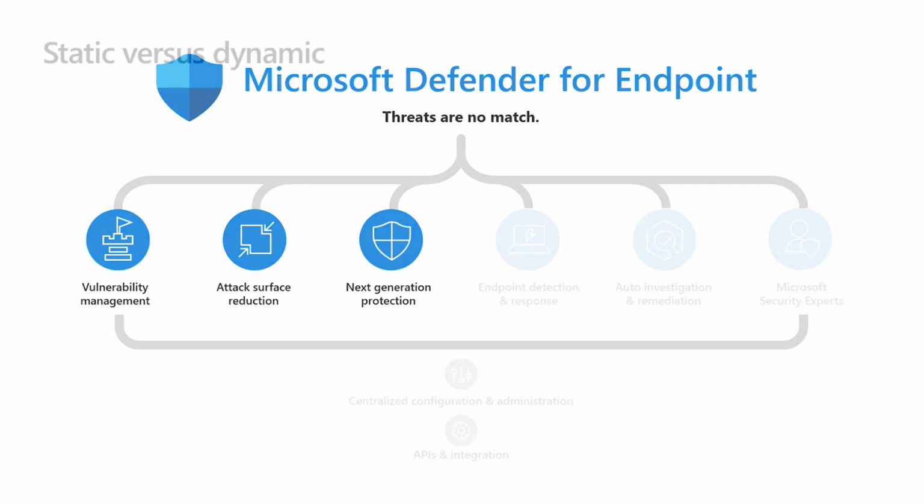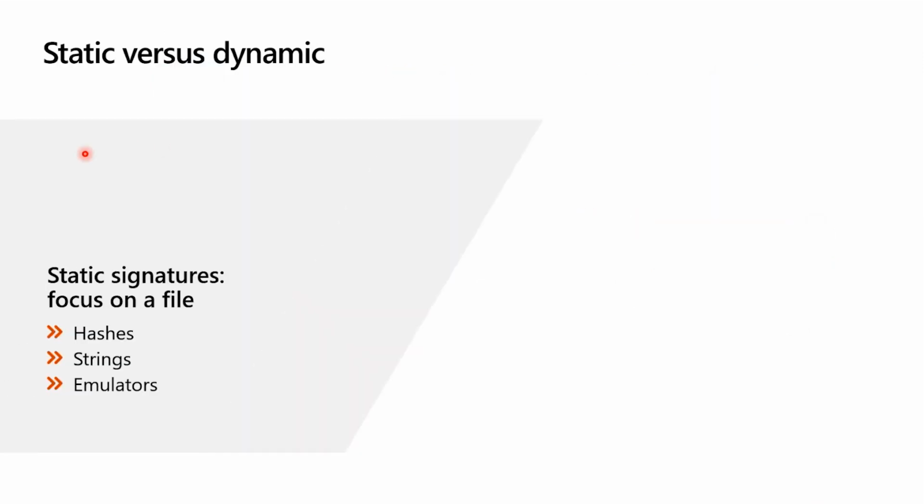So let's look at next generation protection. We call it static versus dynamic because, in the old days, antiviruses were based on static signatures, but those static signatures were dependent on the last time an analysis was done or an update was pushed to the device.